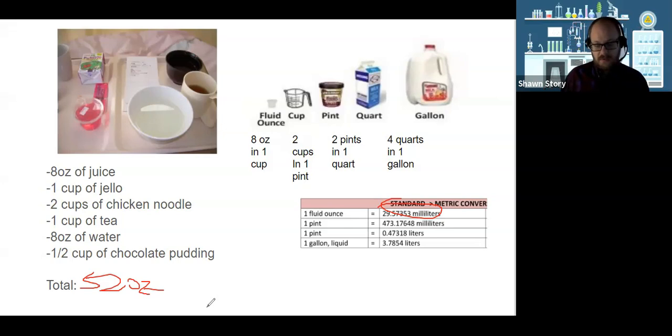Fine. I can't do this in my head. I actually have to get out a calculator.